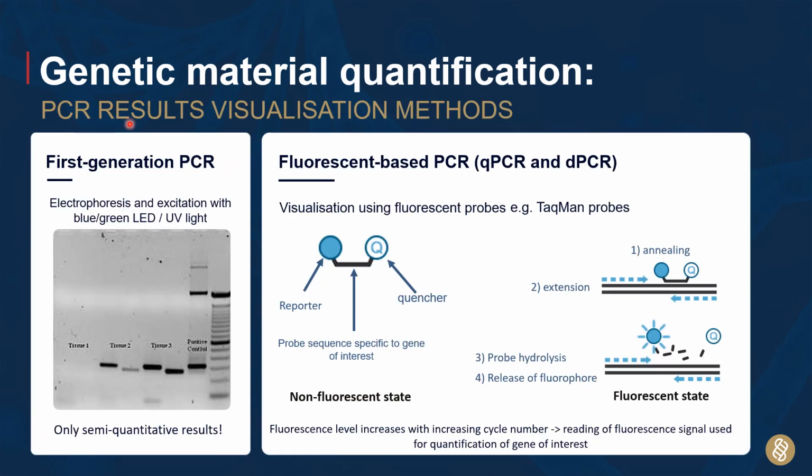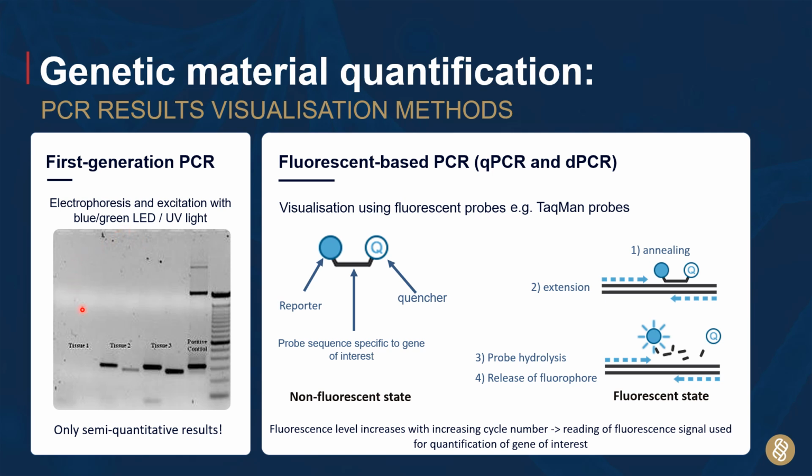Looking at the visualization methods for qPCR as well as endpoint PCR, we can see that in the first generation of endpoint PCR, after the PCR reaction was completed, we used to load the contents of the PCR tube onto an agarose gel, run it in a tank with some buffer, and after a while you'll be able to visualize the DNA by exciting the gel with a blue-green LED or UV light.